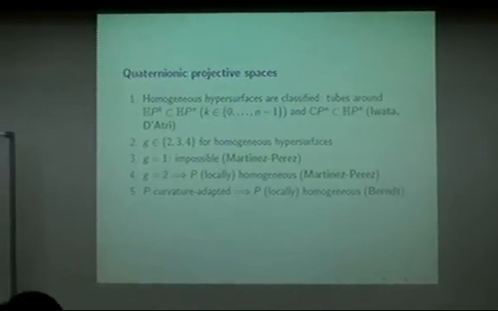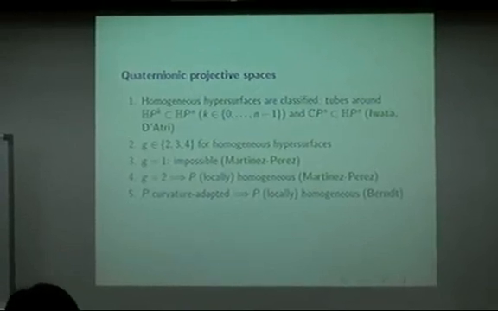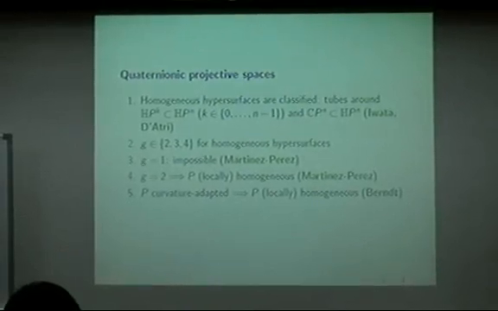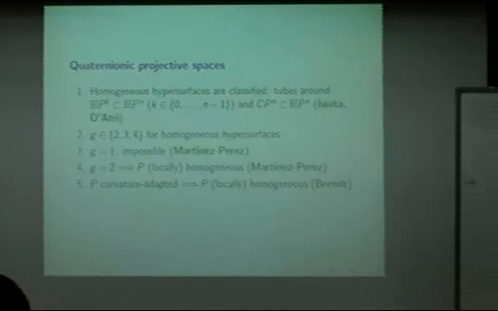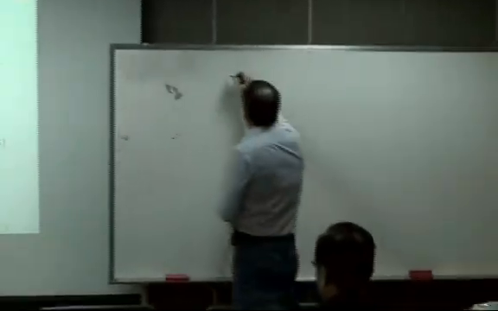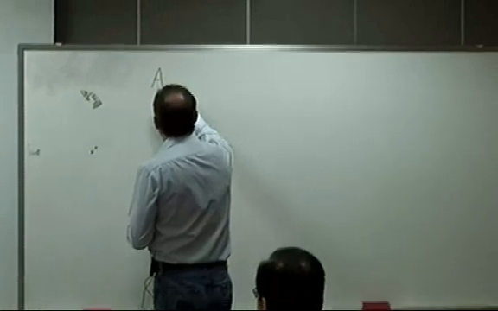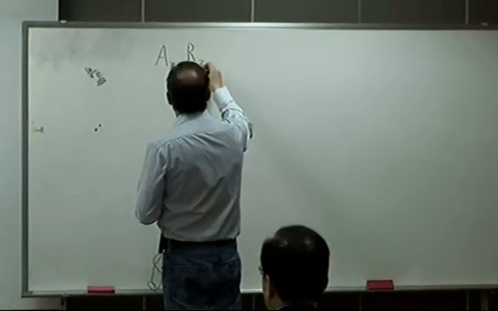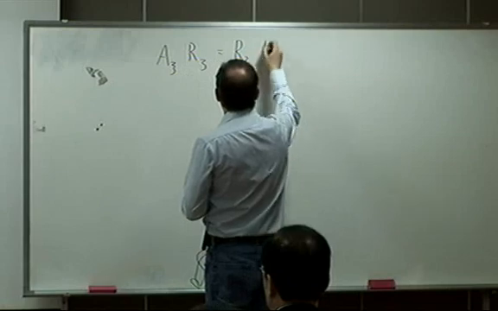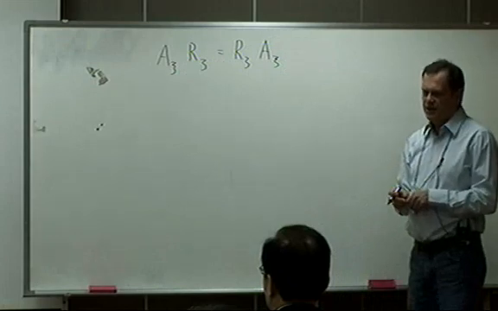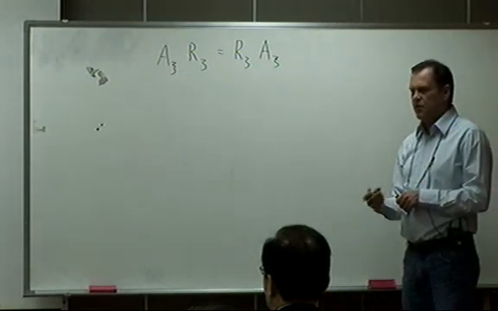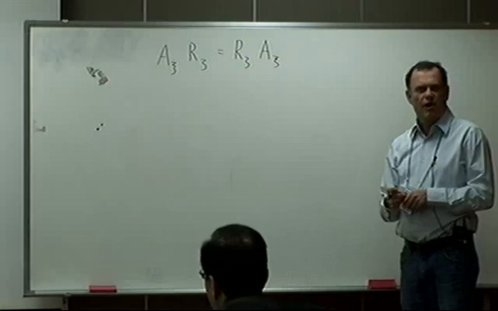But then I investigated this problem, and I came across something I was surprised by. You remember this curvature adapted notion, which I introduced yesterday? A hypersurface is curvature adapted if the shape operator and the normal Jacobi operator commute. In complex projective space, this was equivalent for the hypersurface to be a Hopf hypersurface.